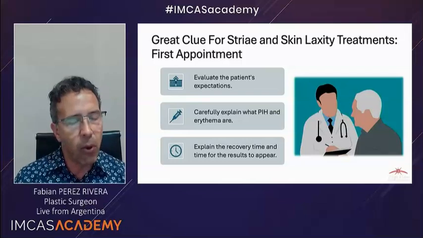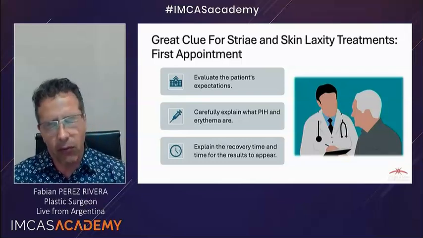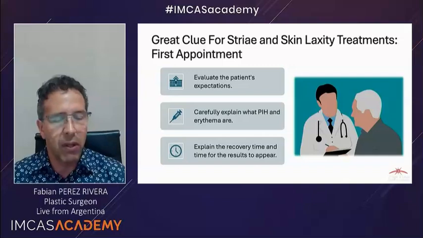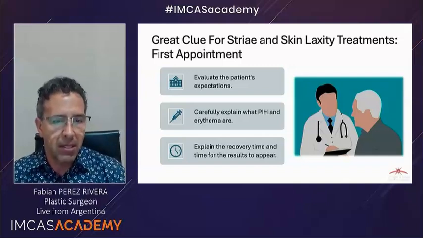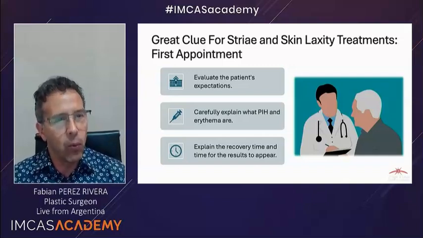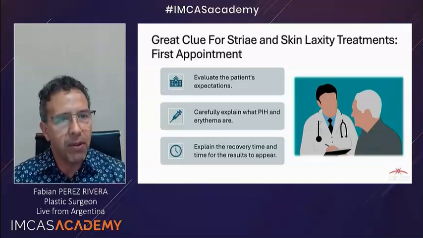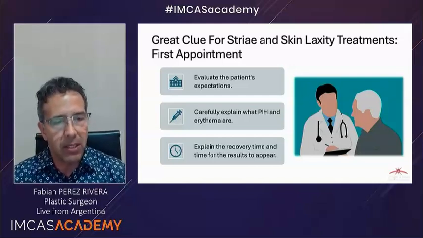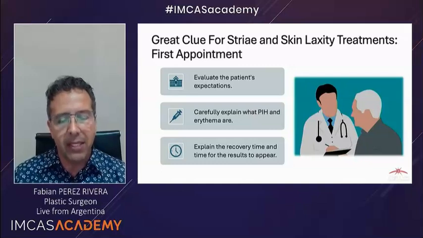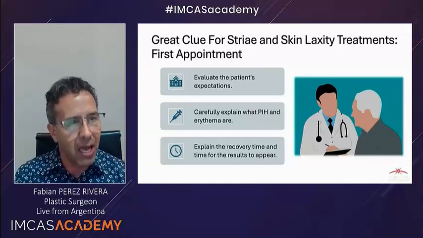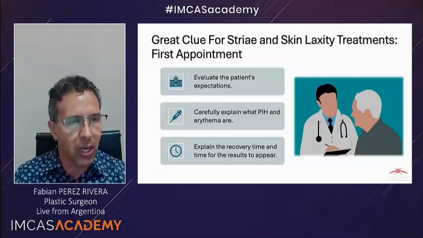Second point: even though radiofrequency devices, especially microneedle, have less risk of PIH and prolonged erythema, we can still have this kind of problem. You need to tell the patient how this treatment can affect their normal life, their work or social life.